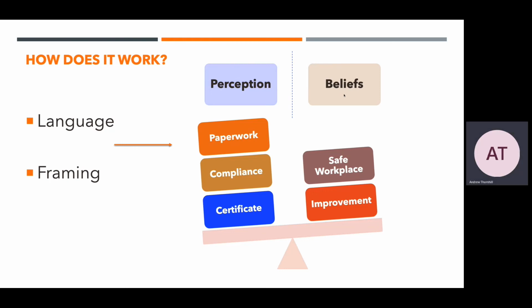As I said earlier, it's something I see a lot of organisations not thinking about when they're developing the system. They're all focused on the paperwork and forms required. Really important to start thinking about, well, how do we frame this? What language do we use? How do we frame the importance of this management system and what we're trying to achieve early on so that we influence those perceptions and beliefs of top management before they're kind of solidified, okay?